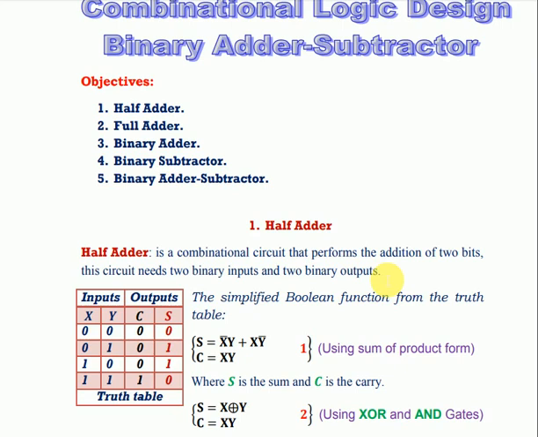When we add 1 and 0, we get the result 1. But when we add 1 and 1, the binary addition answer is 10. Here 0 is the sum and 1 is the carry. Always remember this: carry is the most significant bit while sum is the least significant bit.